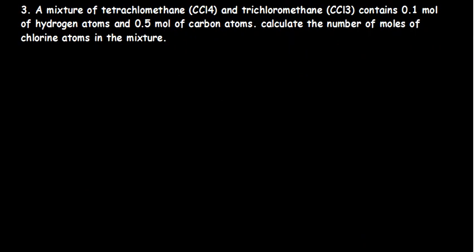Question 3. A mixture of tetrachloromethane and trichloromethane contains 0.1 mole of hydrogen atoms and 0.5 moles of carbon atoms. Calculate the number of moles of chlorine atoms in the mixture. So let's try to understand the question together here.